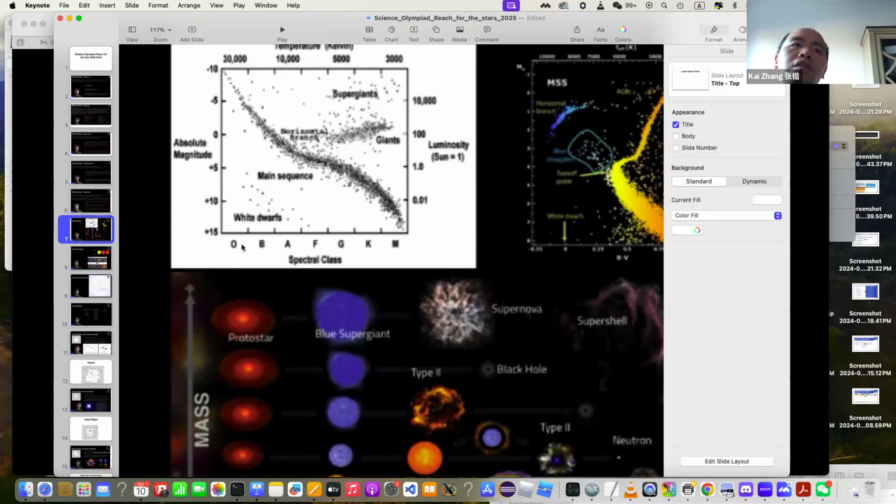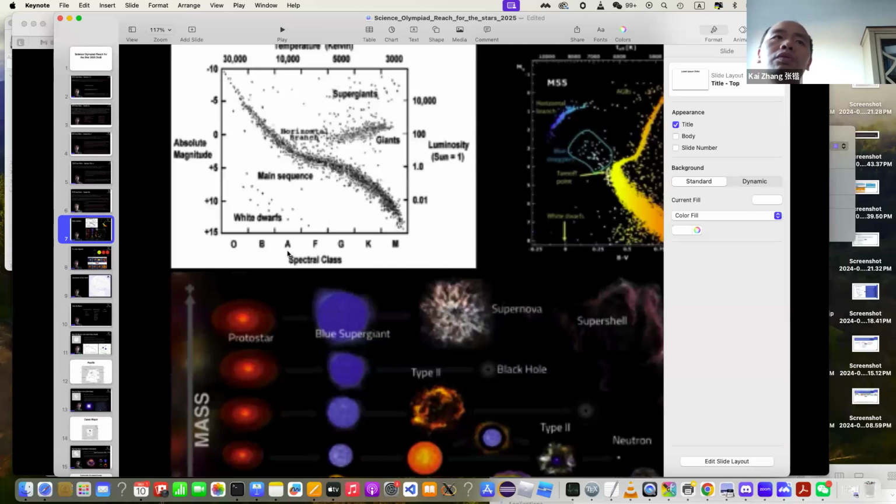When it is an O type, it's very blue, because it is very, very hot. The temperature would reach something like 25,000 K. But when it goes here, it is much cooler. It can go as low as a few thousand Kelvin, like 2.5 thousand K. Yeah, so that is the range.